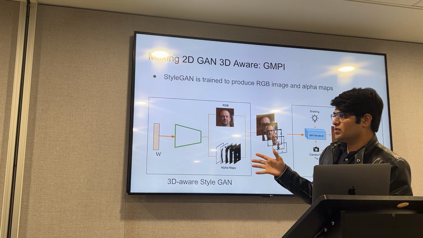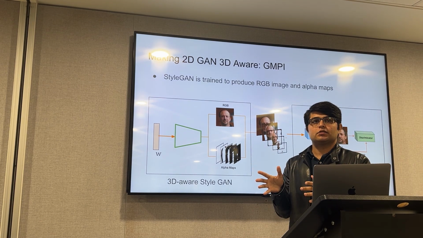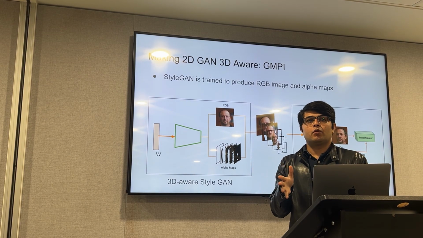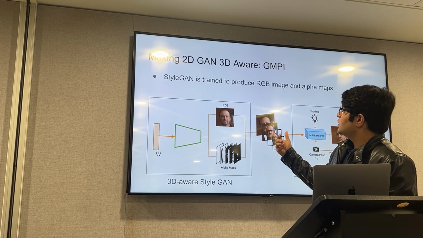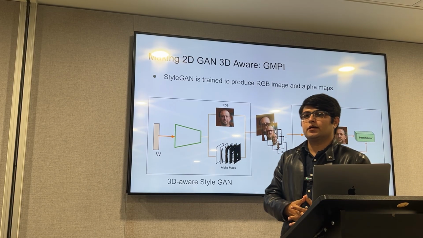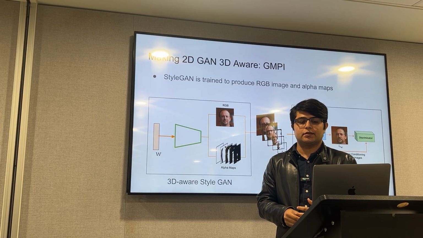Okay, so this is the first part of the story, and this was restricted to the normal 2D GANs. The second part of the story is this journey from 2D GANs to 3D GANs.